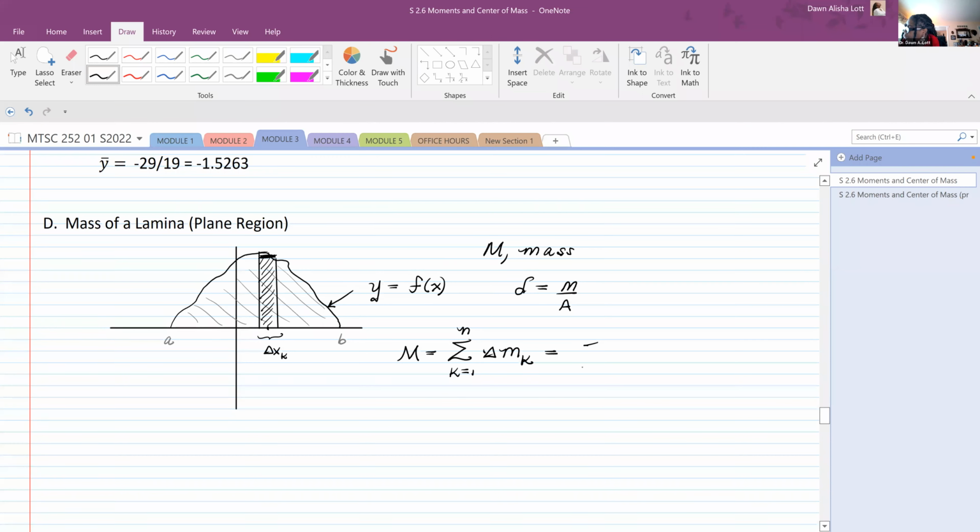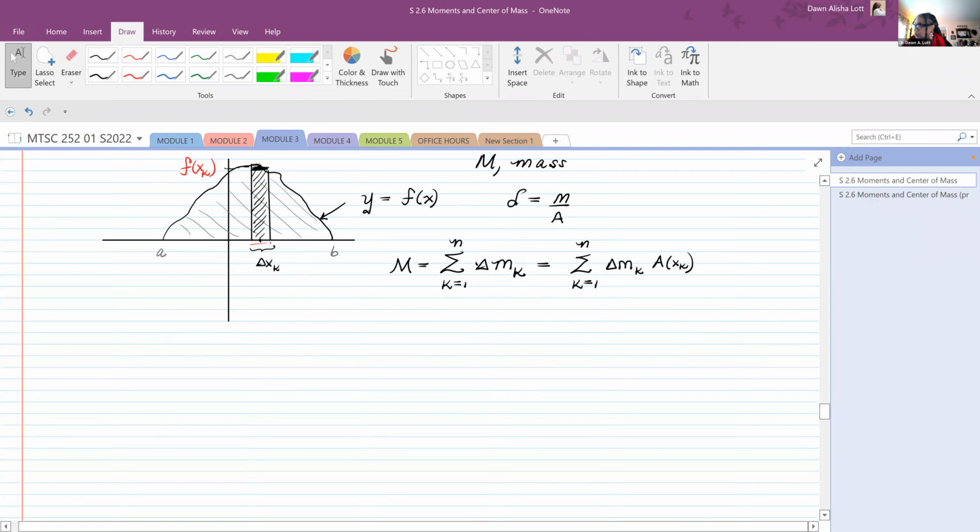So it's the sum, k equals 1 to n, of my little piece of mass times my area. How do I find that? Well, that's easy. If I take the height of the function, which is f of x k, and multiply by this width, I have the area.